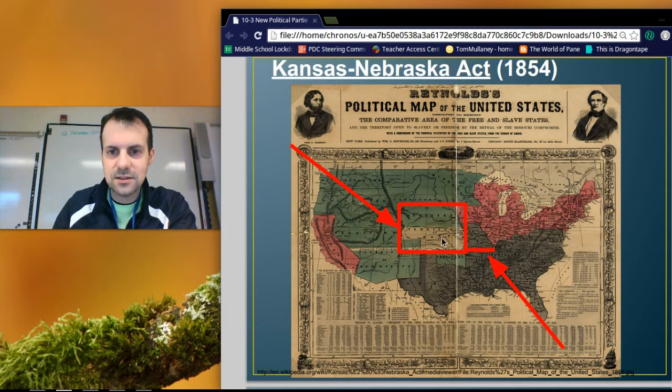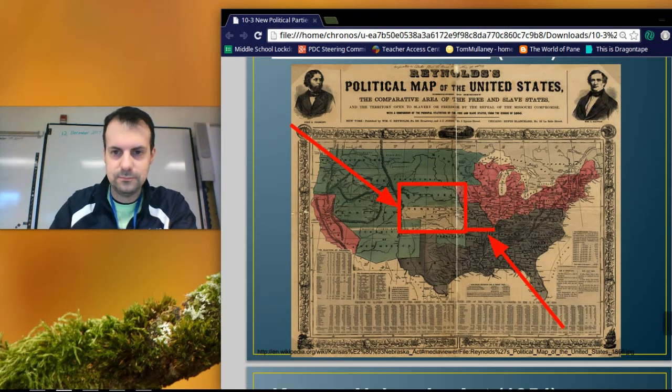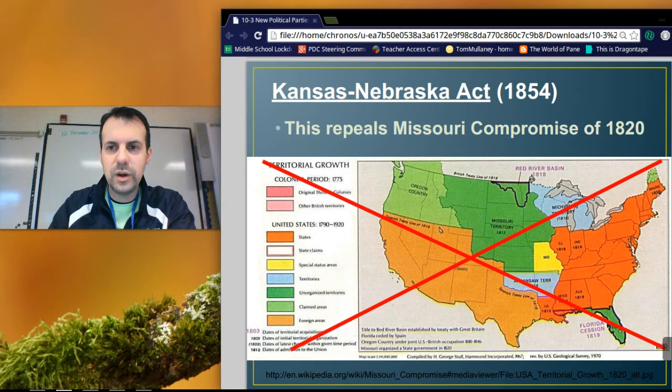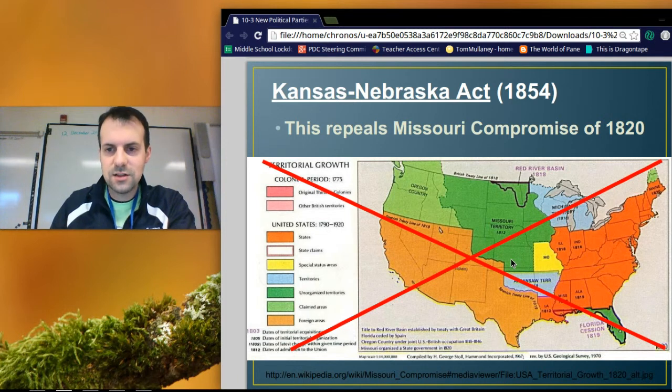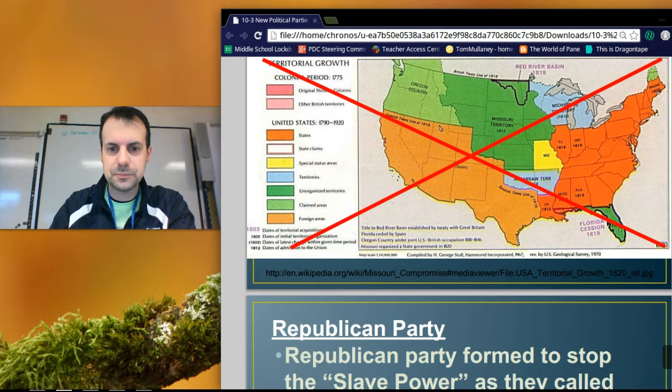This is Kansas. Both of these are north of that line and within the Louisiana Purchase territory. So what it does is it repeals the Missouri Compromise of 1820. Notice this Missouri territory right here in green, there's Nebraska, there's Kansas. They were supposed to be closed to slavery under the Missouri Compromise. Now they are open to it again.